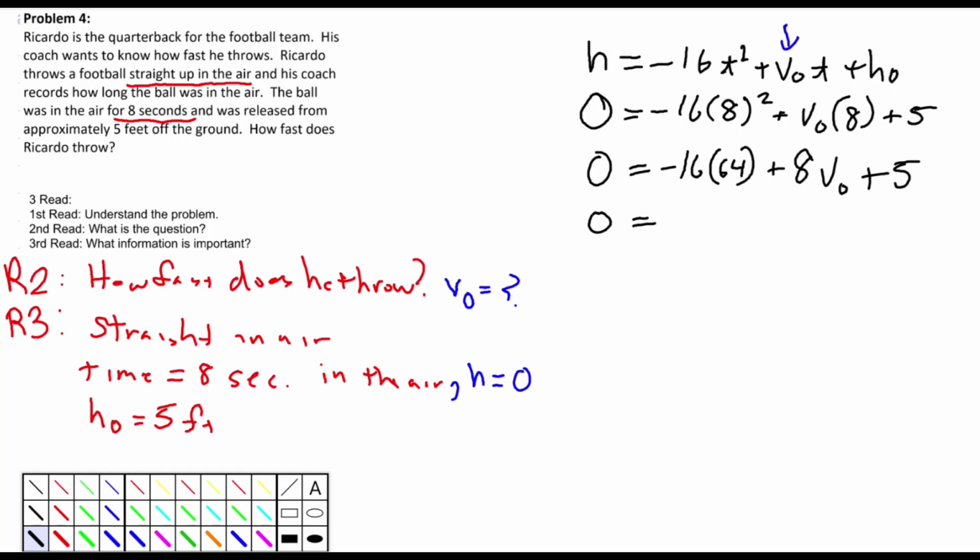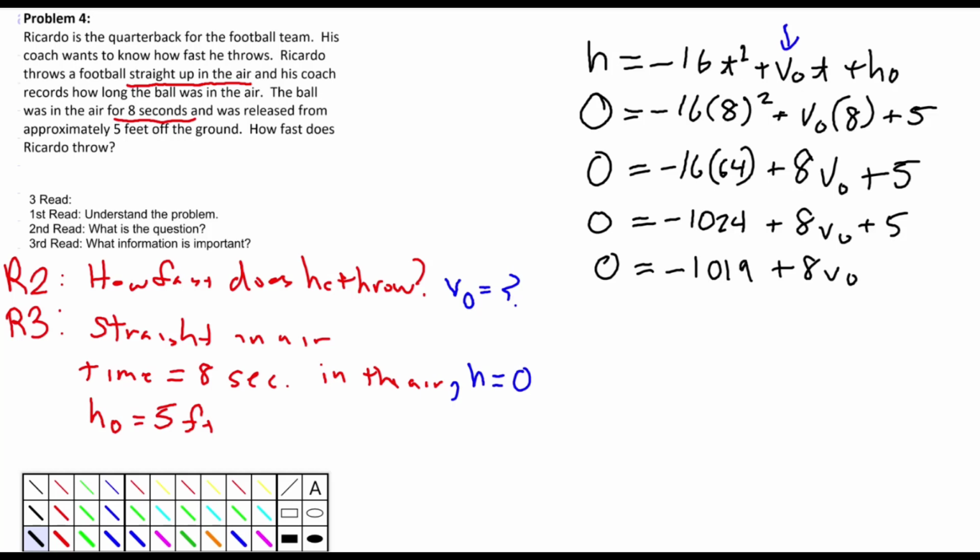So 16 times 64 is going to be negative 1024, plus 8 v sub 0 plus 5. Combining like terms, we are going to get negative 1019 plus 8 times v sub 0.